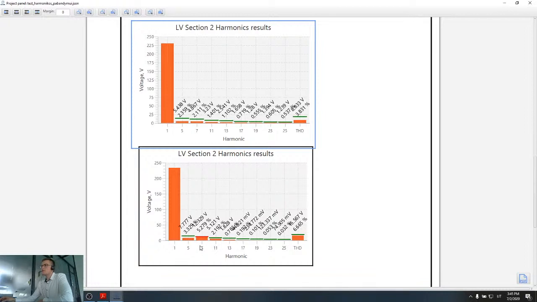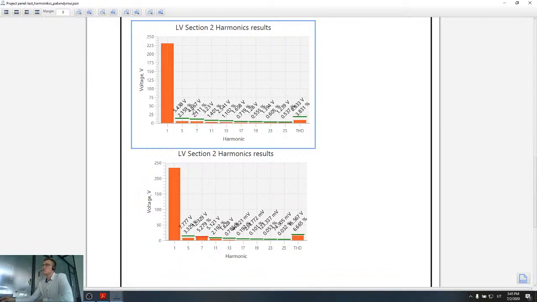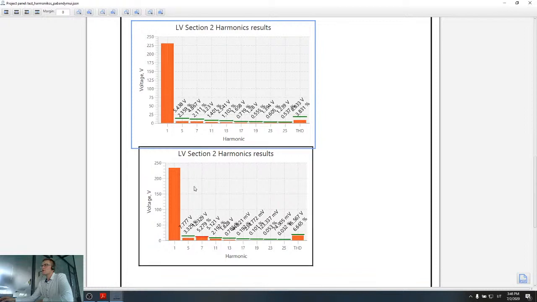What also happened is that the 7th harmonic exceeded the permissible limit, and now it is 5.3%. Before it was only 2.1%. So we can say that the resonance is for our 7th harmonic.